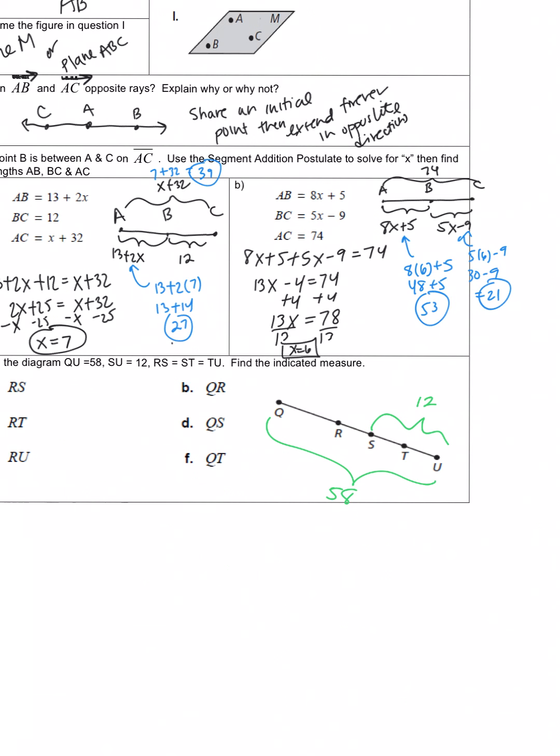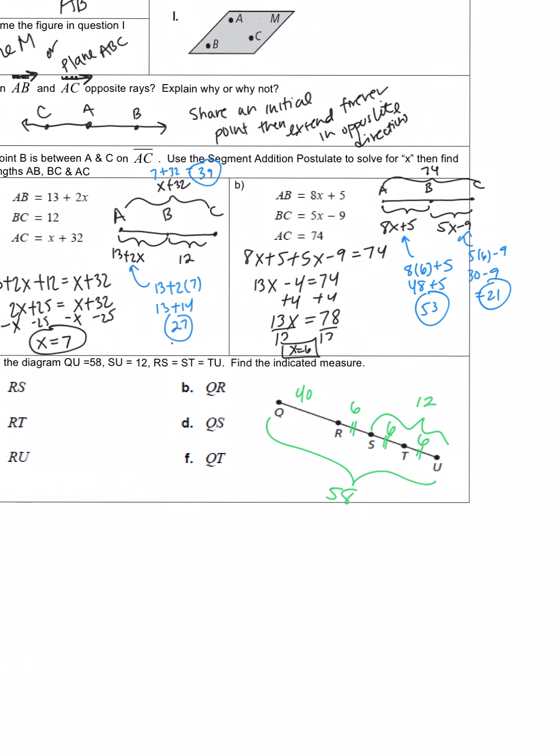RS is equal to ST, I'm going to put congruence marks, is equal to TU. If these two are equal and they're equal to 12, then that means each part has to be 6. So this has to be 6, 6, and this also is 6. 58 minus 18 is 40. That's how much this is.